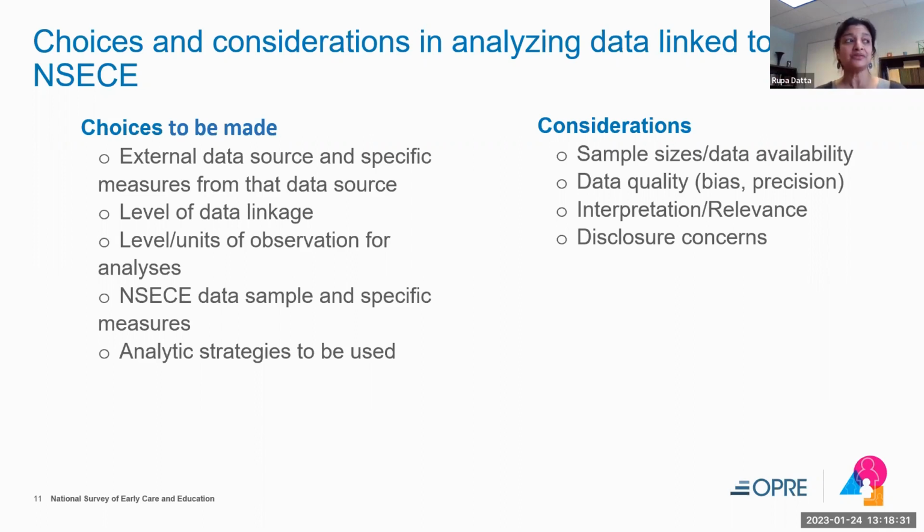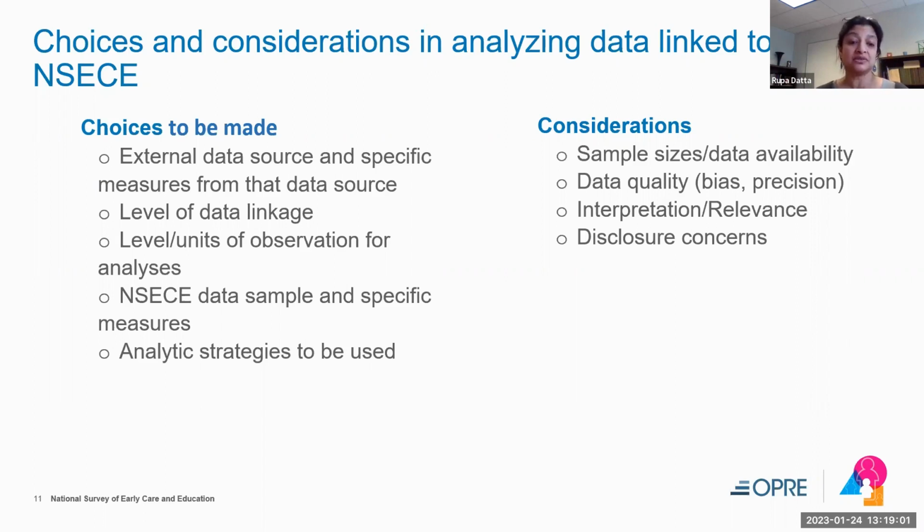So 3 people undertaking the same research question might make very different choices about how to undertake the linkage and report their analyses. What we want to do today is really give you some tools for thinking through various options and easily identifying what some of the costs and benefits might be of those different options.